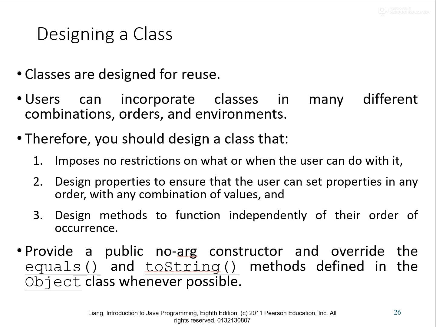There's one point here at the bottom of the slide. Provide a public no-arg constructor. We've been doing that for a while now. And override the equals and toString methods defined in the object class whenever possible.